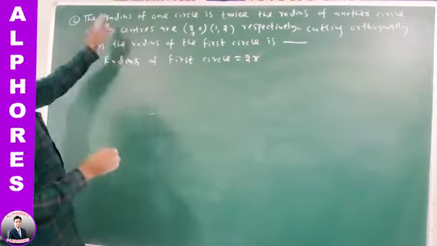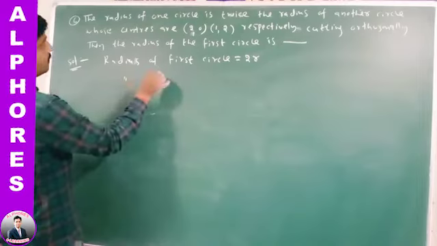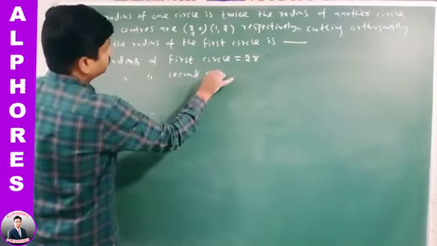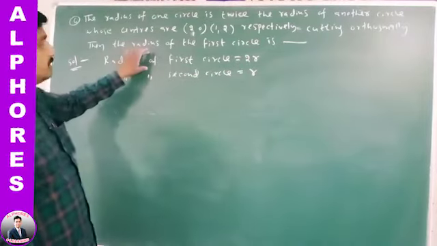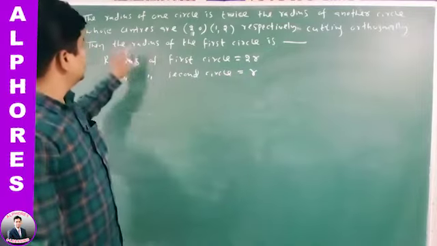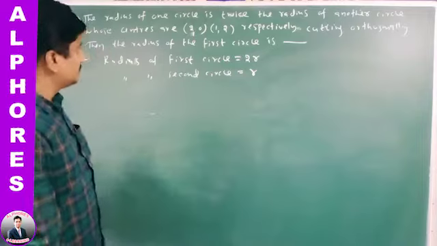Here radius of one circle is twice the radius of another circle. Radius of second circle is r. Let radius of first circle be 2r, the radius of second circle be r.